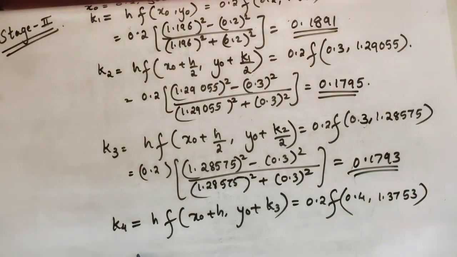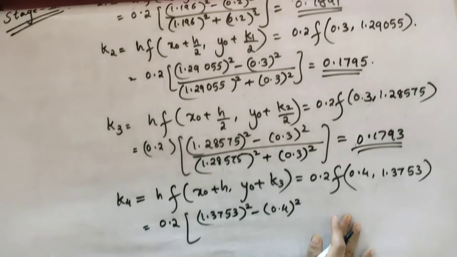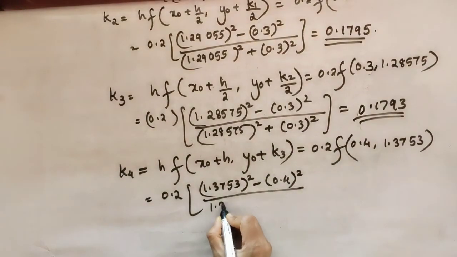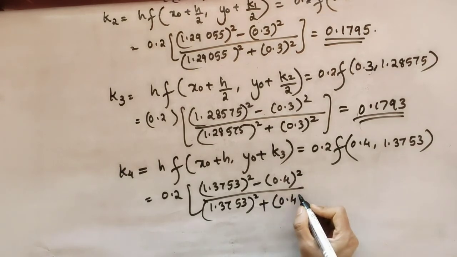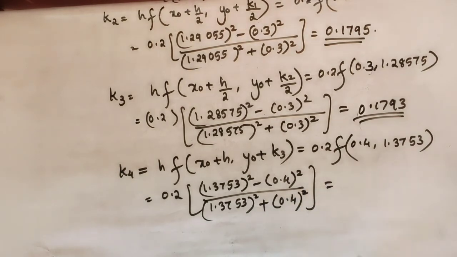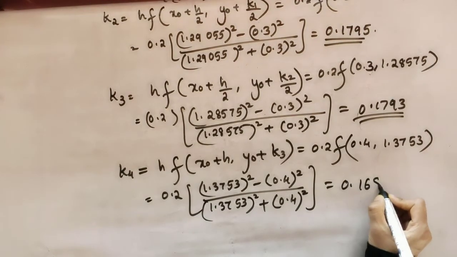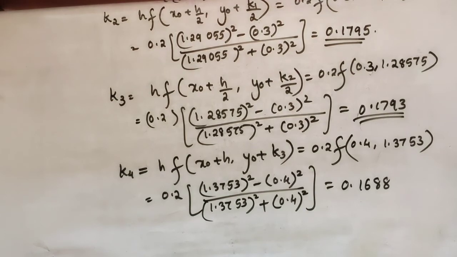Now with this you evaluate. So do the substitutions, all of you, and solve it in your calci. So the value is 0.1688. Just check that, and verify all the values in your calci.